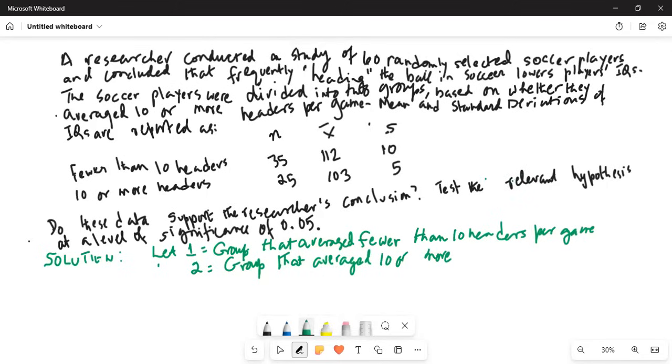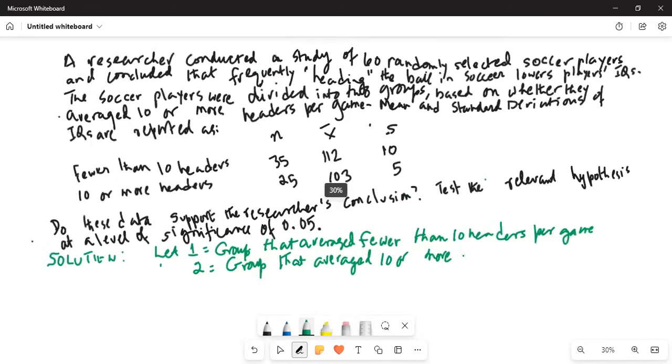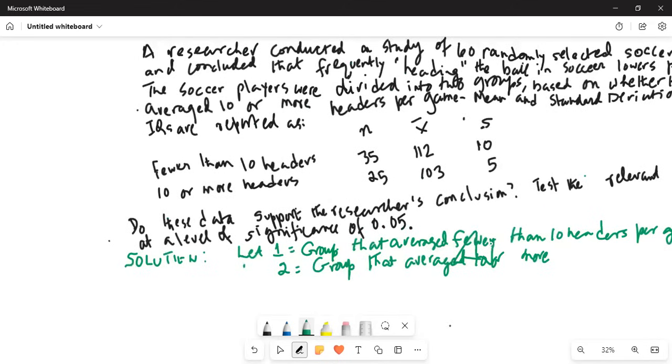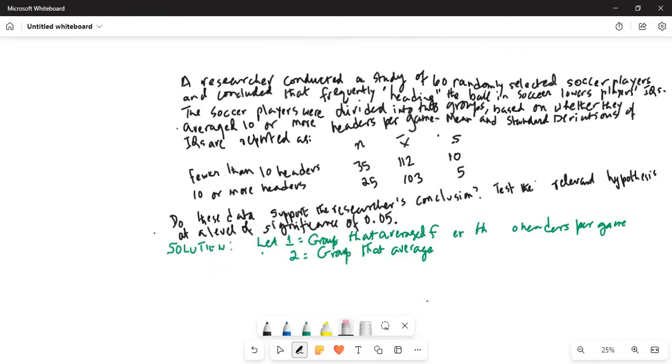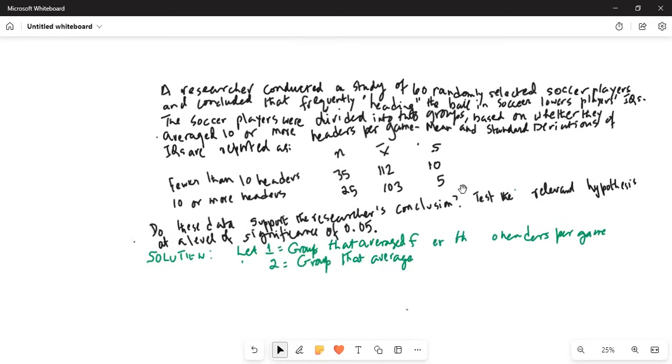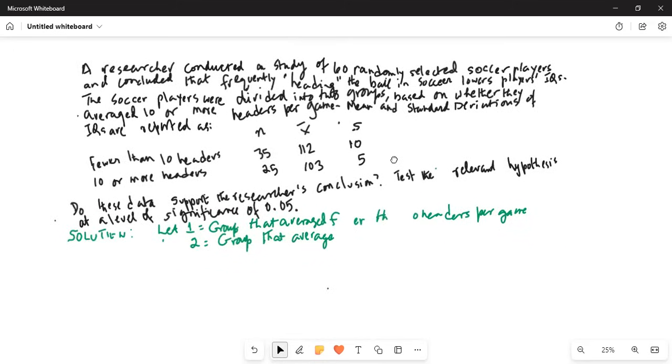So the first one is the group that averaged fewer than 10 headers per game, and group 2 is the group that averaged 10 or more headers per game.